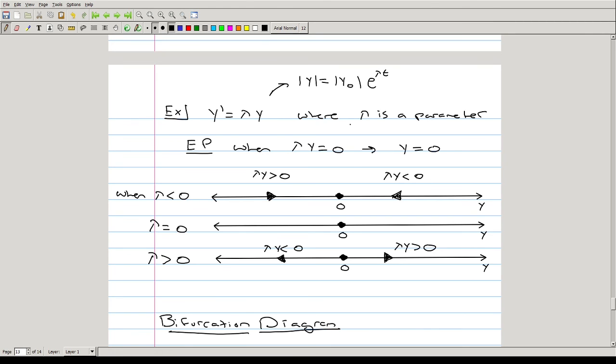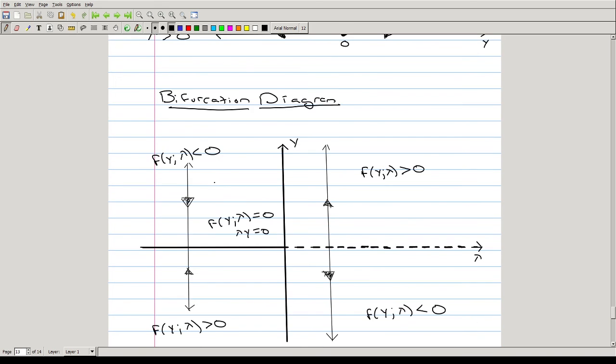And you can clearly see that when lambda is negative, 0 is a stable equilibrium point, and when lambda is positive, it's an unstable equilibrium point. But we don't need the actual solution to go through and do this analysis, and this is one of the big ideas of using bifurcation diagrams, is that you don't necessarily need the exact explicit solution to analyze the qualitative behavior of your solution.